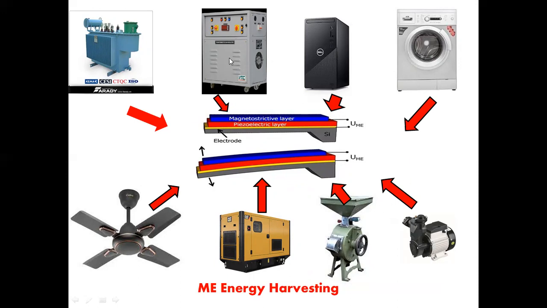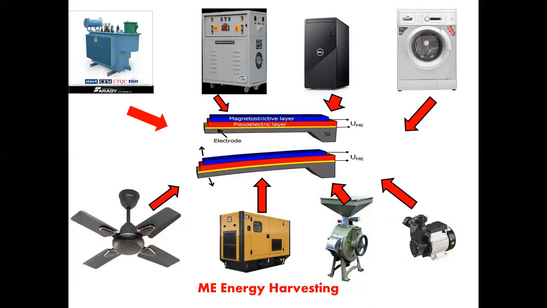Others are working by making use of huge AC current, and they are producing a very large amount of electromagnetic field around them. For example, when this transformer is working, it creates a large amount of electromagnetic field around it. This is a high power supply.